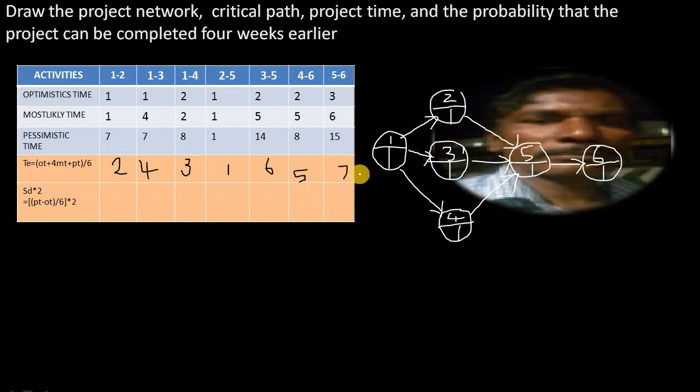Okay, right, and then we have to write only these times on the activities now. Now 1 to 2, what is the expected time? 2 weeks, so we are writing 2 here. And for the activity 1 to 3, the expected time is 4 weeks, am I correct?